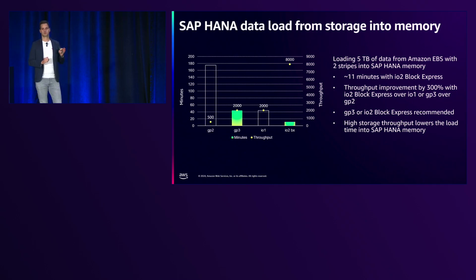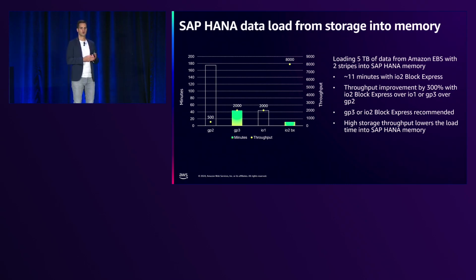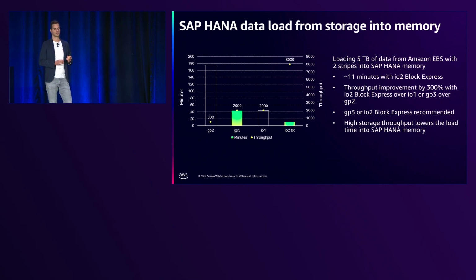So meaning we are loading that 5 terabytes from storage into memory. And we benchmark the different EBS storage volumes. So as you can see, we compare GP2 versus GP3, IO1 versus IO2 block express. The load of the HANA database with IO2 block express is only around 11 minutes to load 5 terabytes of data. And this is an improved throughput performance by 300% over IO1.